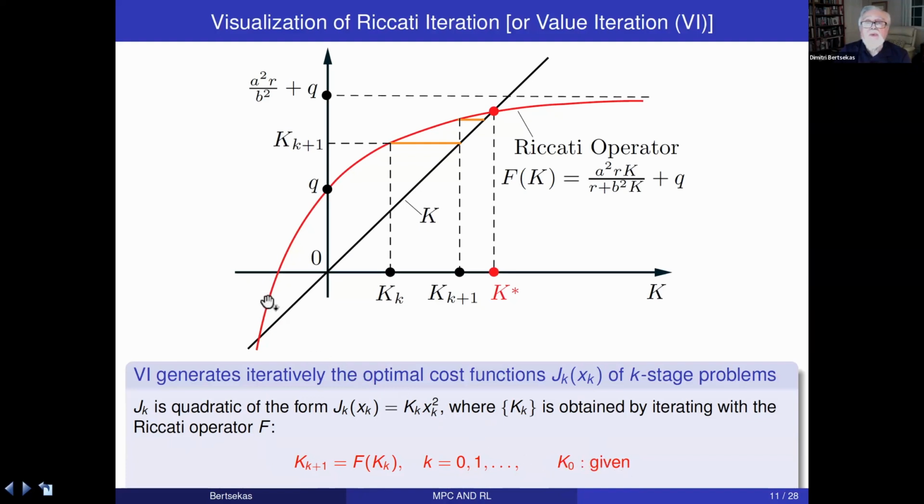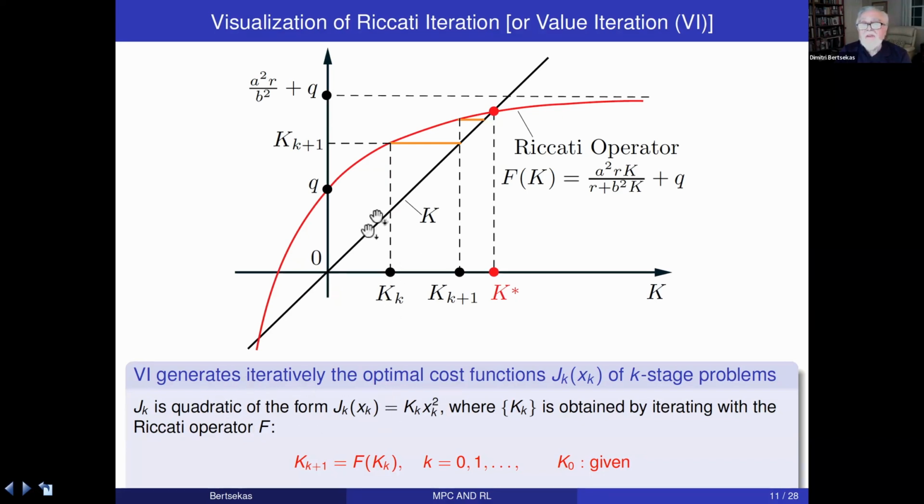And now let's try to visualize the Riccati iteration. Here is F, the Riccati operator, at the typical iterate Kk. We obtain Kk+1 by iterating with the Riccati operator. It's this point here. We reflect this point down to the horizontal axis. Here's Kk+1, and Kk+2 is obtained similarly, Kk+3, and so on.